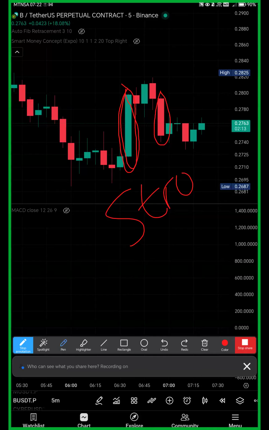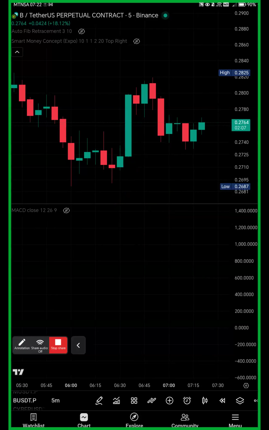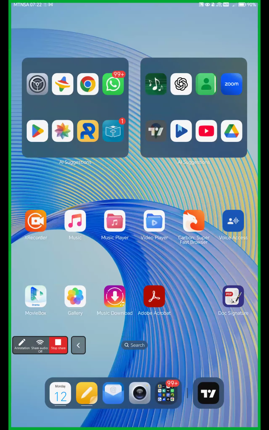Are we together about body sizes of candles? You have started reading price now. You are able to understand what is going on. You are reading candles now.